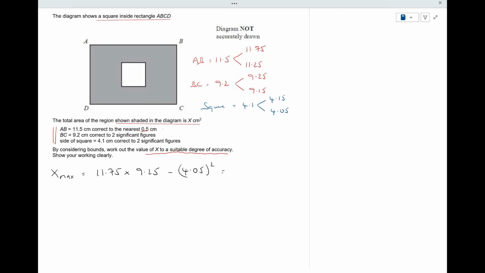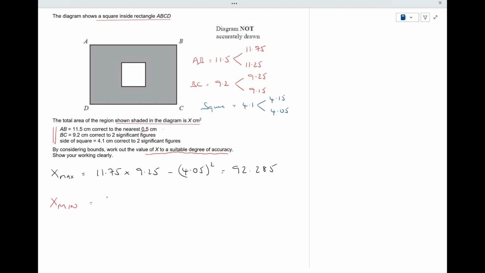So this is the maximum possible value of that shaded area, the maximum possible value of x. And on my calculator, I get 92.285.